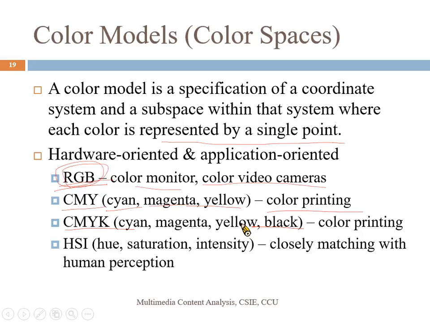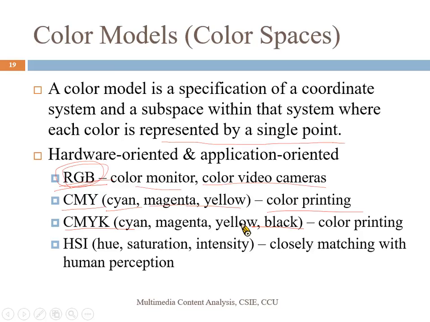So after some experiments, the industry also invented the black pigment. When we print the black pigment on paper, this portion can absorb all light, so that we perceive it as a black region.